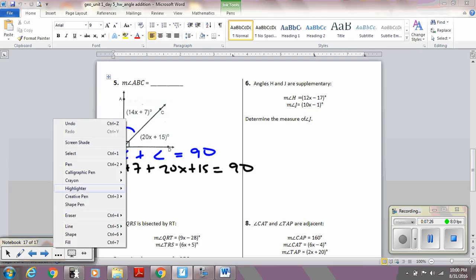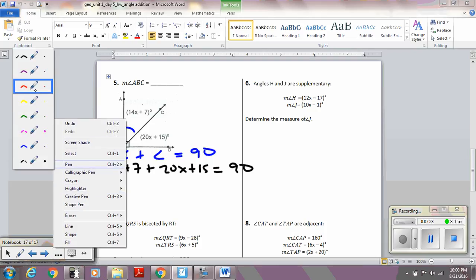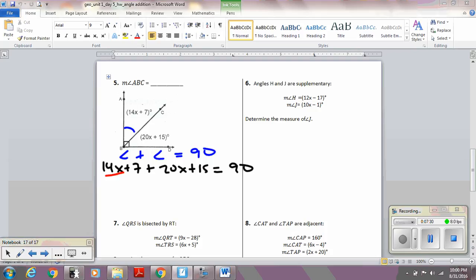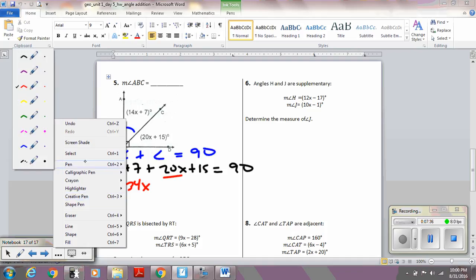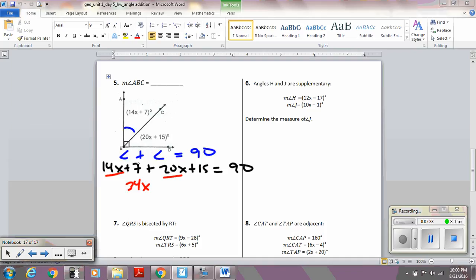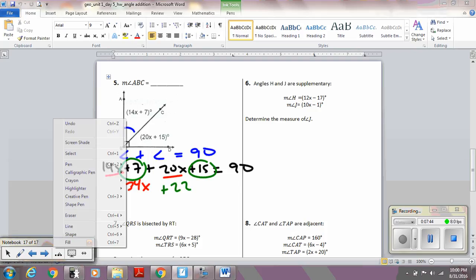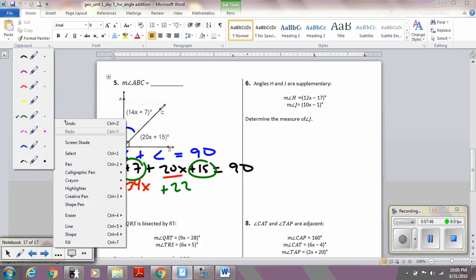First things first, combine our like terms. 14x and 20x would be 34x. 7 and 15 is 22. Bring down your equals 90.